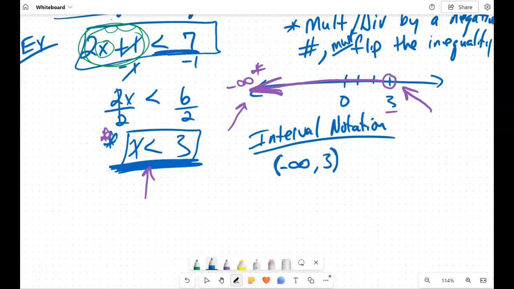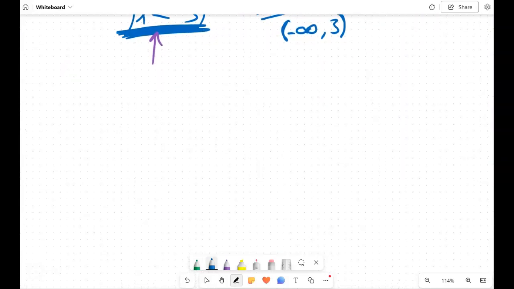Now, let's just suppose, for example, that instead of x less than 3, my solution was x is less than or equal to 3. Now, if this had been the solution, then graphically, on the number line, same idea, 1, 2, 3.